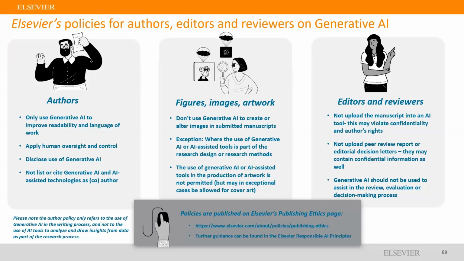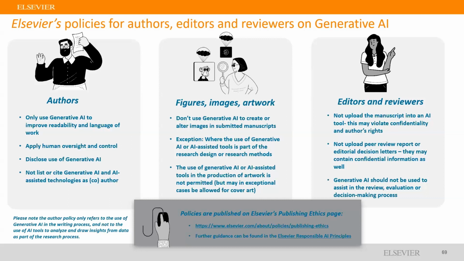When it comes to figures and images, these can't be generated by using an AI tool, of course. The exception, of course, is for those of you that are designing or researching generative AI. In computer science, that is, of course, allowed. Then editors and reviewers aren't allowed to upload a manuscript in an AI tool because that would compromise author rights.